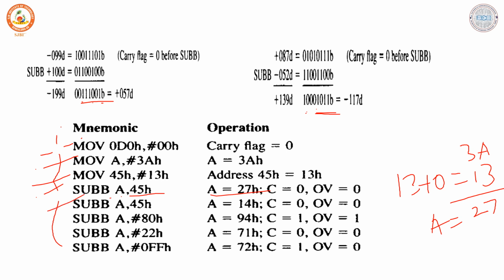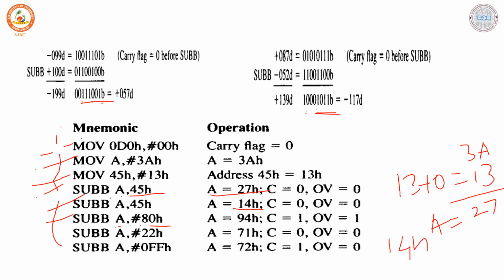Now we can similarly perform one more, SUBB A comma #80. Now A has the value, say for example, 14H. Now 80H is an immediate value, along with the carry which is 0, and that will be subtracted from the accumulator content. But what happens is the accumulator has 14H, right?